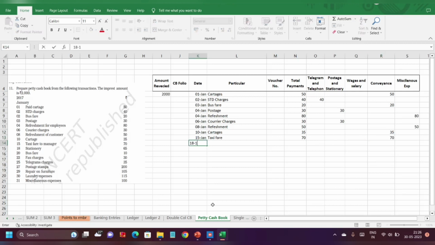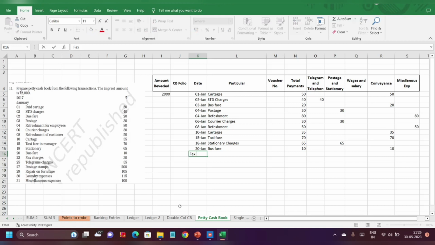Next, 18 January, stationery charges, amount of rupees 65, stationery column. Next, 20th, bus fare again, amount of rupees 10, 10.